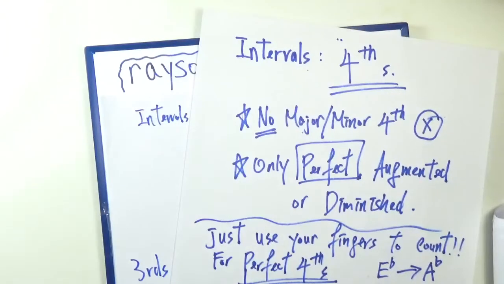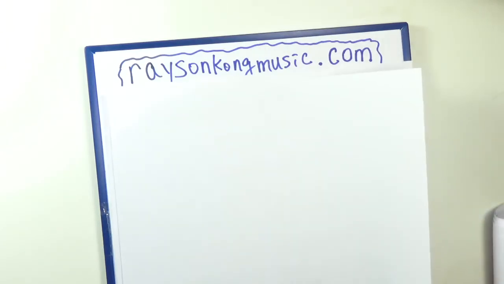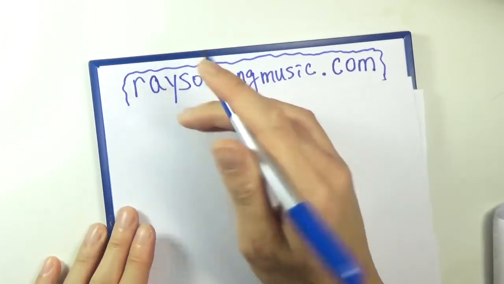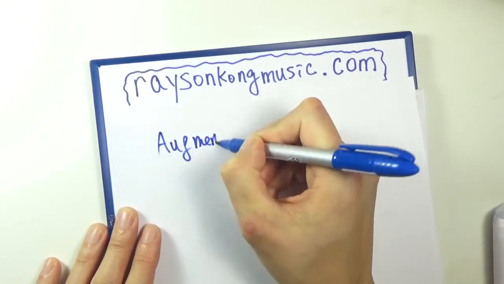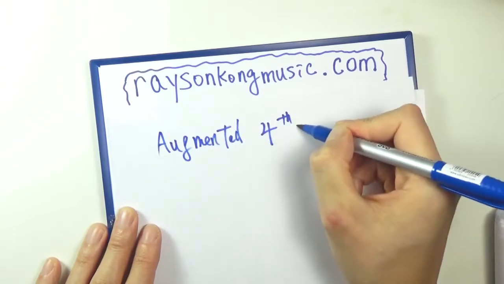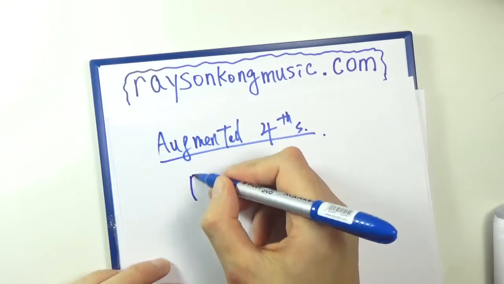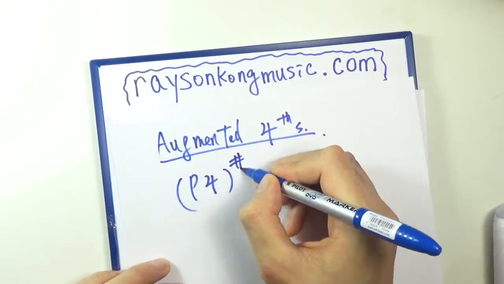I think we have time for a discussion on augmented and diminished fourths. So I think I'll do that in this video as well. Okay, augmented fourths. For augmented fourths, all you have to do is obtain a perfect fourth and you sharpen that.